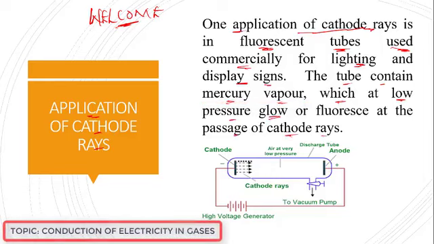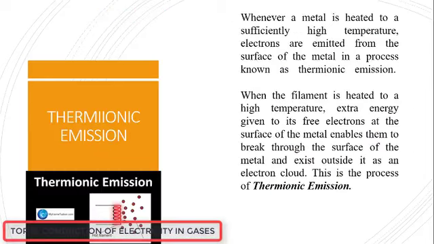Remember that cathode rays are produced under the condition of low pressure and high voltage. So under the condition of low pressure and high voltage, cathode rays are able to carry out the above mentioned functions.